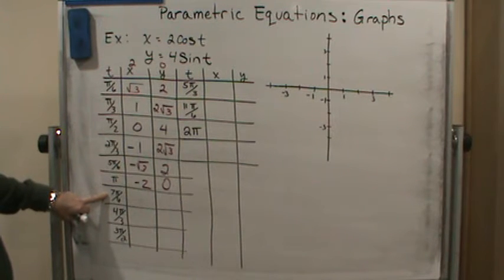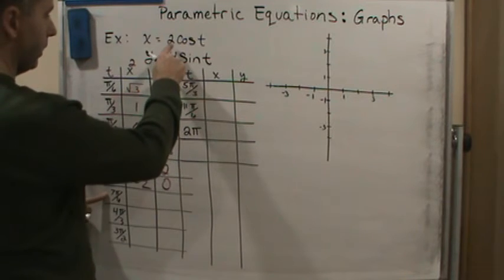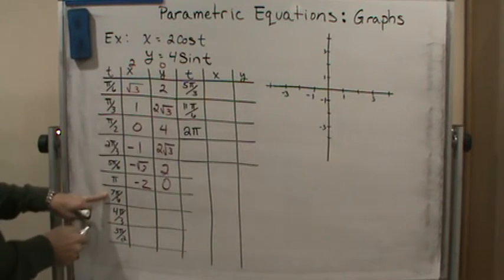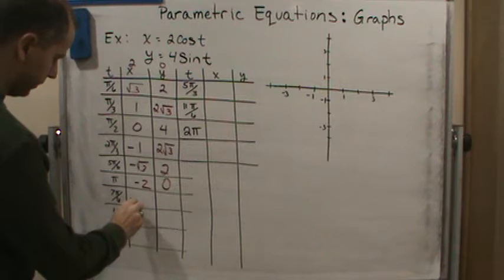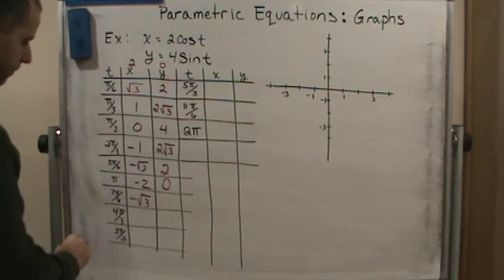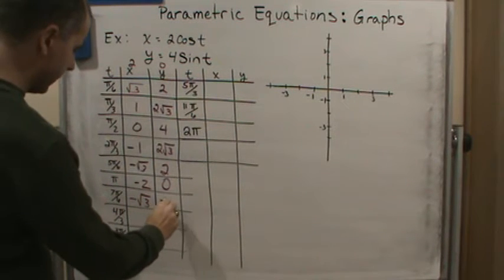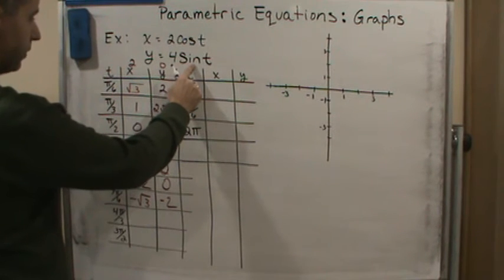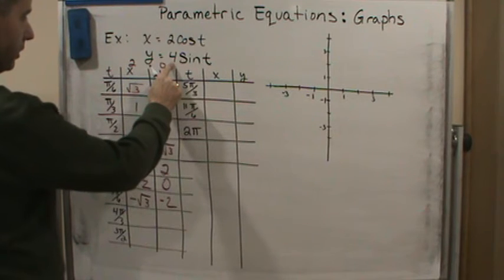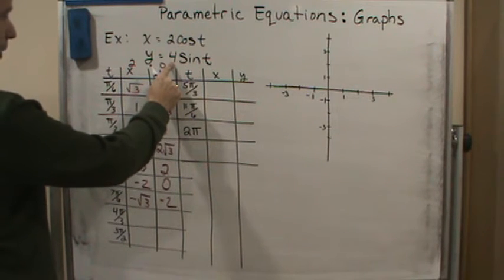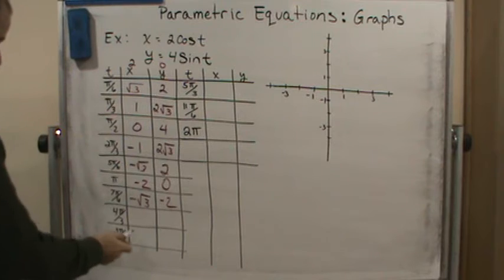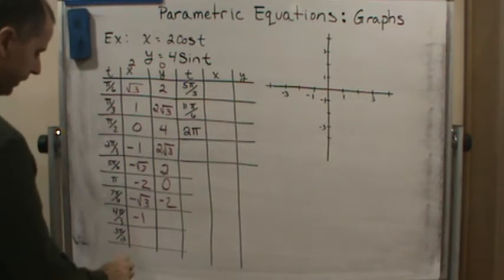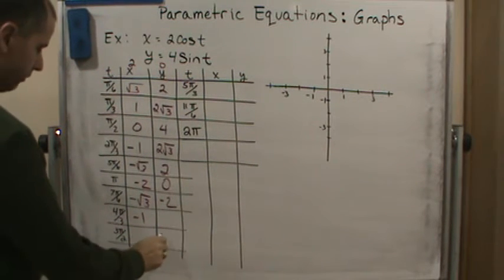Cosine of 30 degrees is the square root of 3 over 2 times 2, which gives us the square root of 3, but it's negative. So negative square root of 3, and this is going to be negative 2. Sine of 30 degrees is 1/2 times 4 is 2, but it's negative. So guess what? Now I'm going to get negative 1 here, right?